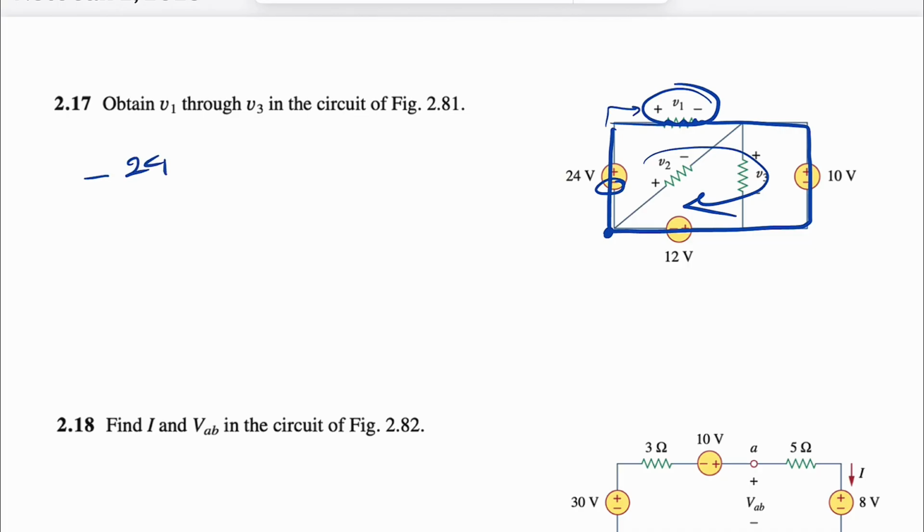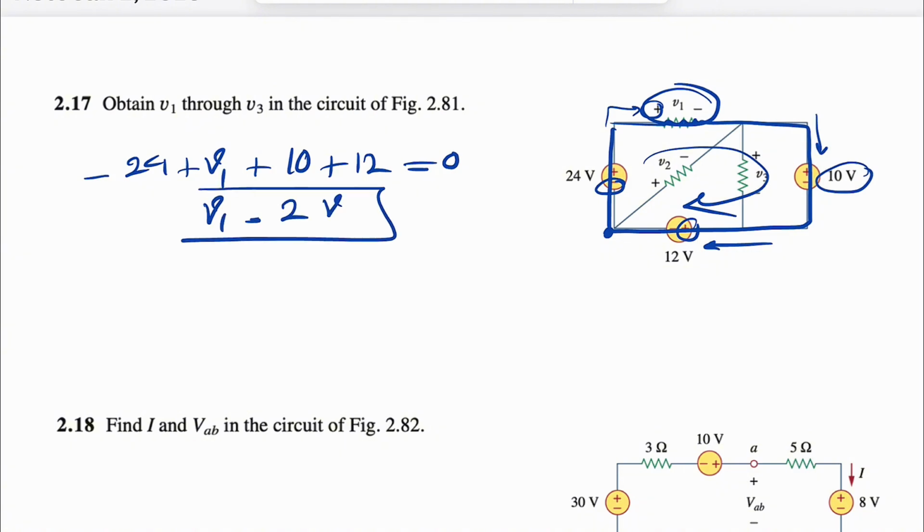Moving further, we get to the positive terminal of V1, so plus V1, and then we enter the positive terminal of the voltage source, and moving back to our starting point, we're in the positive pole, equals 0. That's going to give us V1. So V1 would be 2 volts, since negative 24 goes on the other side, so it'll be positive.